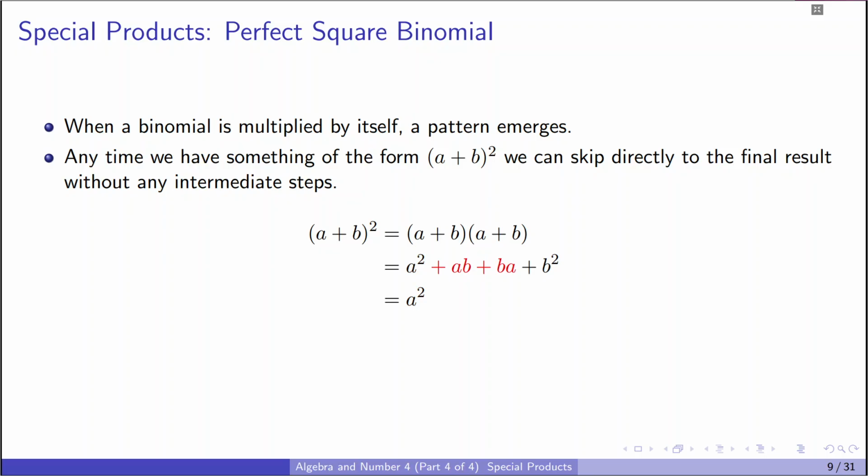So this is a squared, 2ab, and b squared. So anytime you are squaring a binomial, you can square the first term, square the last term, and double what you get when you multiply them together. Don't forget the 2ab. By far, the most common error is to forget the 2ab.